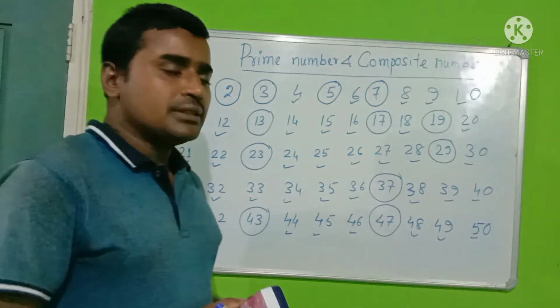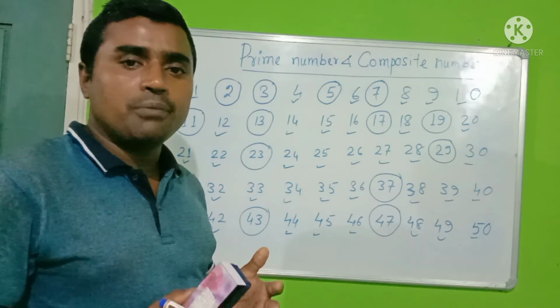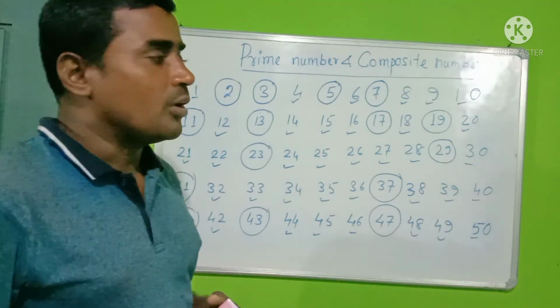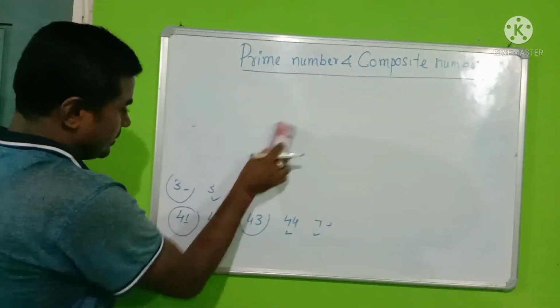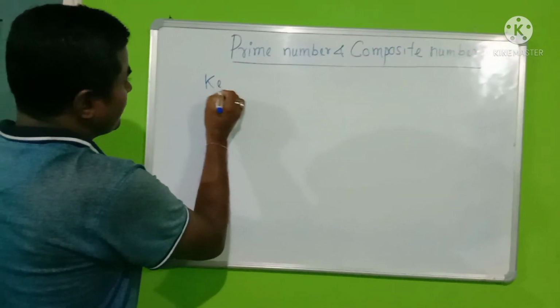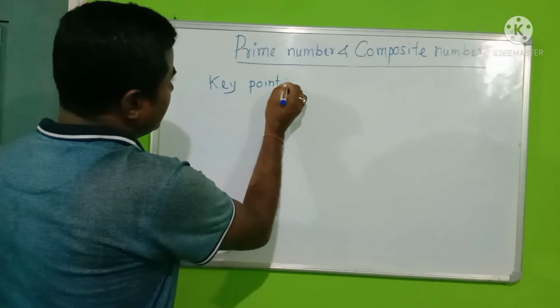So lastly, I write some key points related to prime numbers and composite numbers. So please observe. Key points.